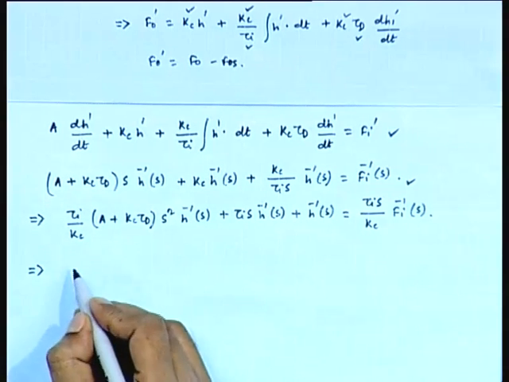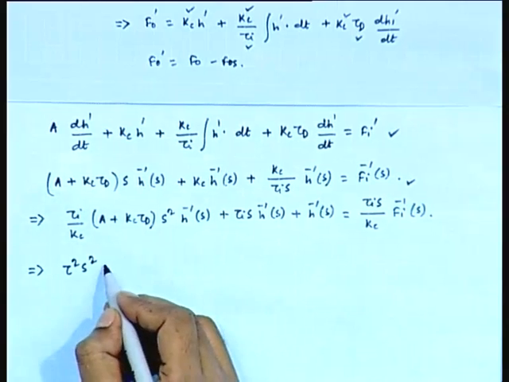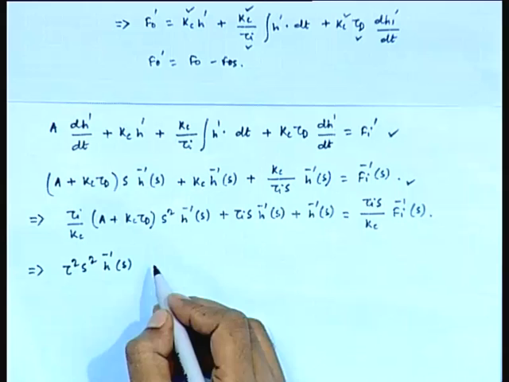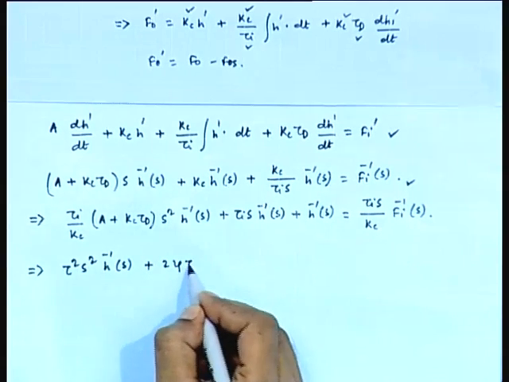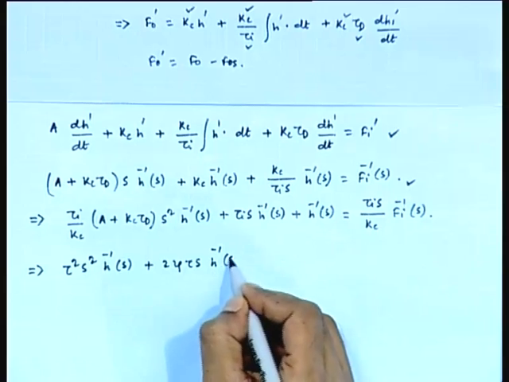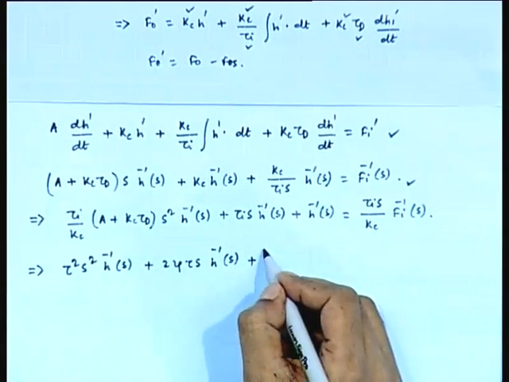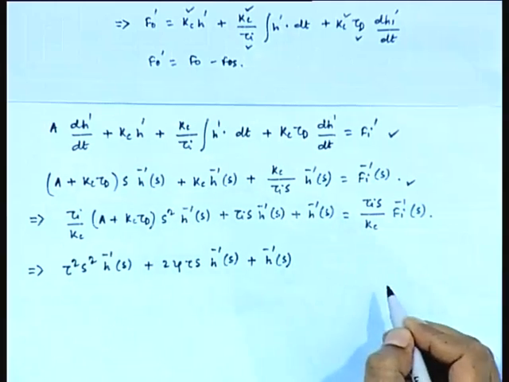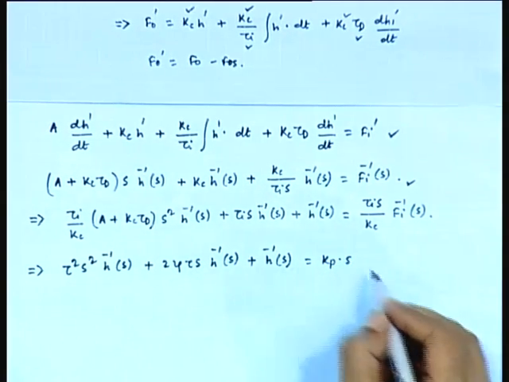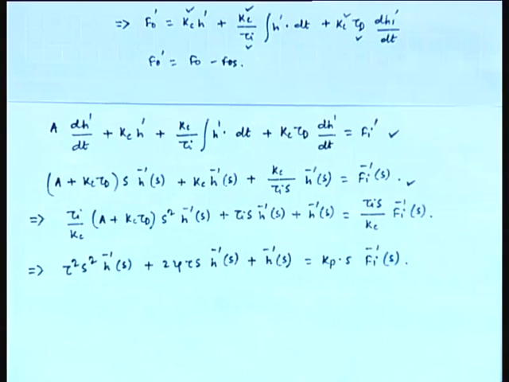Now, we can represent this as tau square s square h bar prime s plus 2 zeta tau s h bar prime s plus h bar prime s equals kp multiplied by s f I bar prime s.